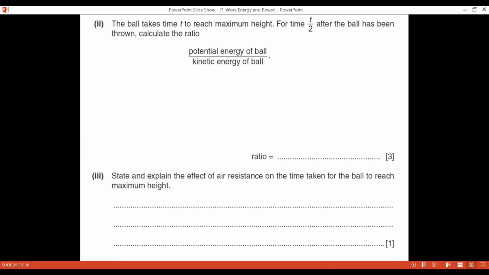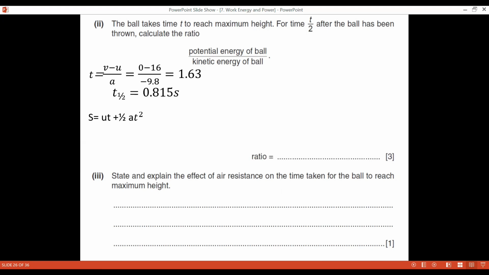First of all, we have to find the value of time. V minus u over a. So time comes out to 1.63 and using half the time, we'll try to find out the value of height. Total height was 13. So how much distance does it travel in 0.815 seconds? We can use the formula s equals ut plus half at square because initial velocity is not 0.